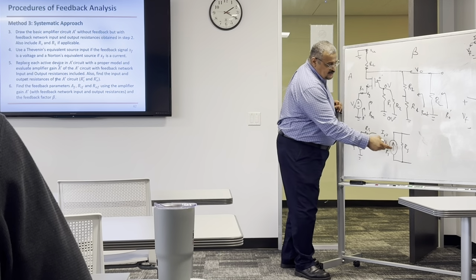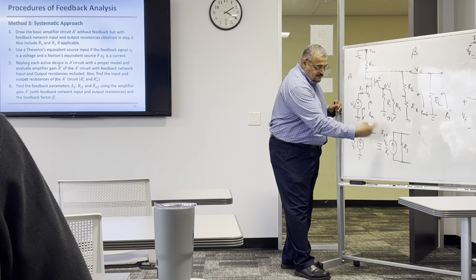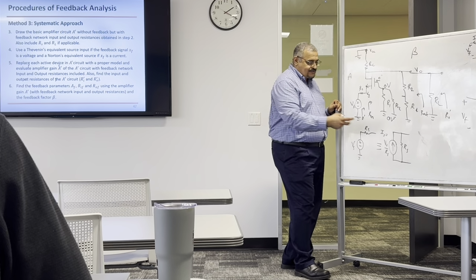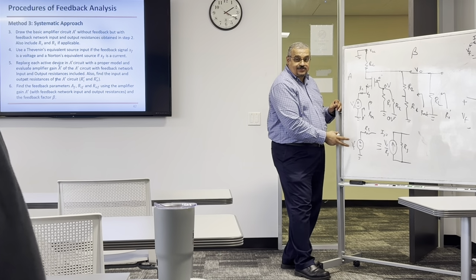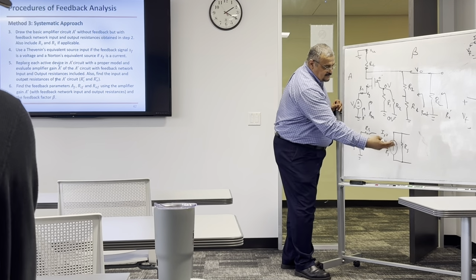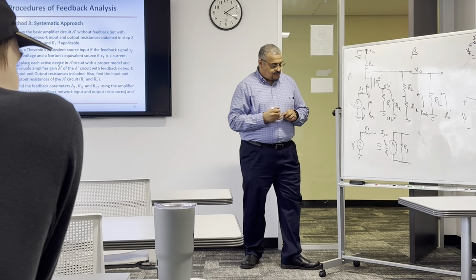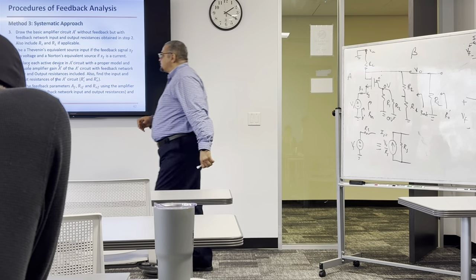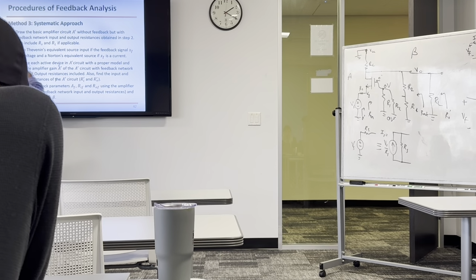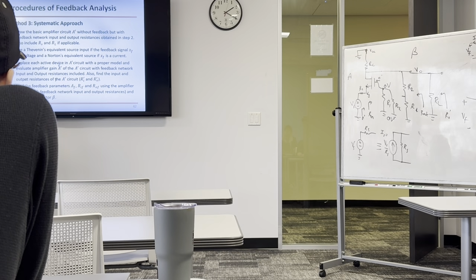So if you know that this is supposed to be a current source, convert it from voltage source to current source. Or if it's given as a current source and you know that it's supposed to be a voltage, then convert it back from current source to a voltage source. So this is what this point means: Norton equivalent or Thevenin equivalent as you go from voltage to current and current to voltage.